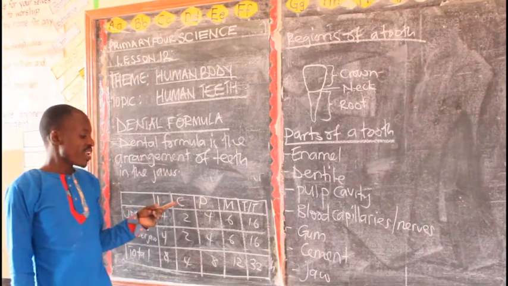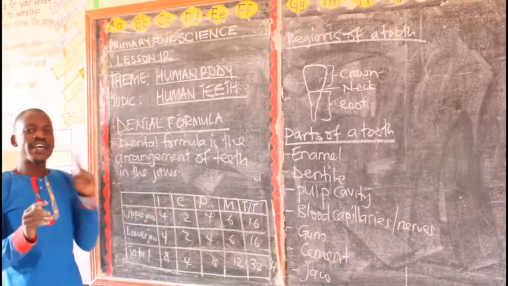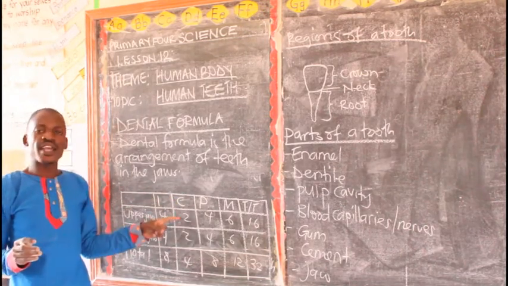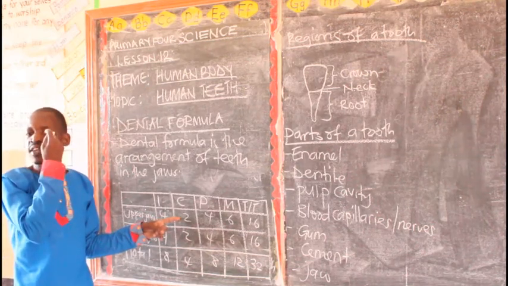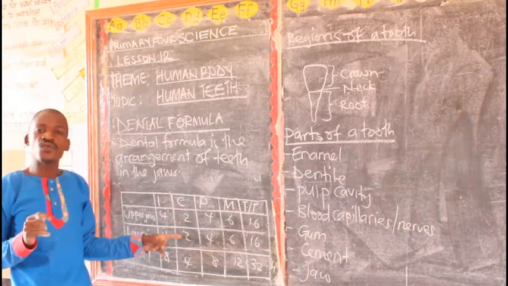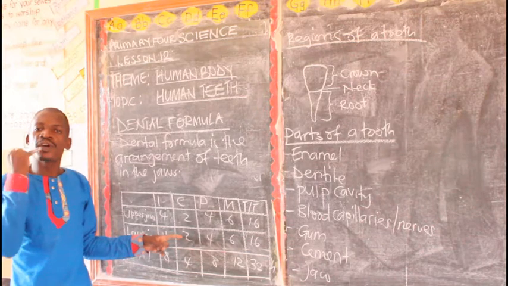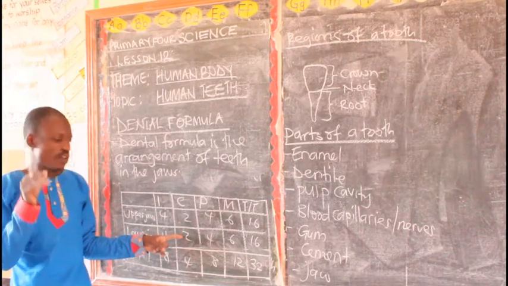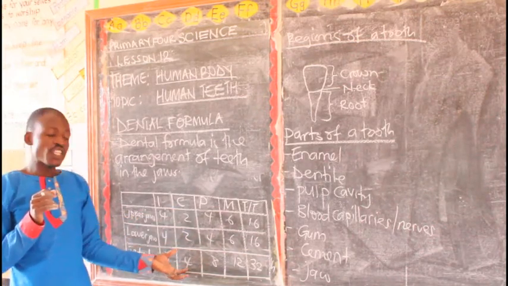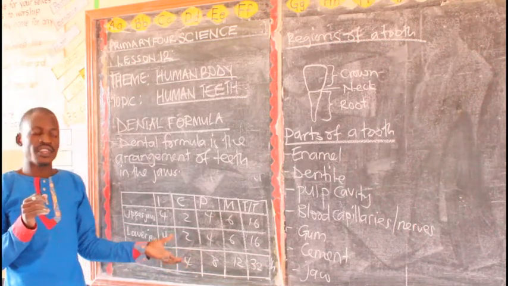Then we have the canine teeth. In the upper jaw, we have 2 canine teeth, one on each side. Then down also we have 2 canine teeth, those sharp ones. Meaning that in total we have 4 canine teeth.